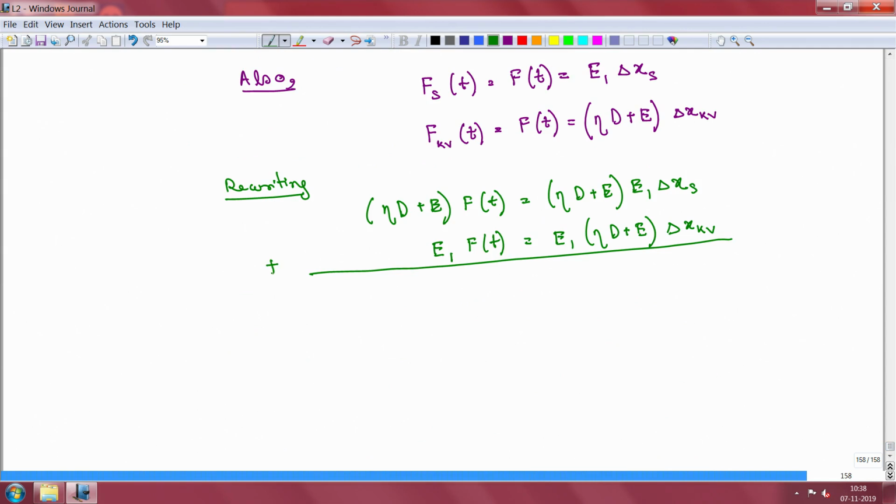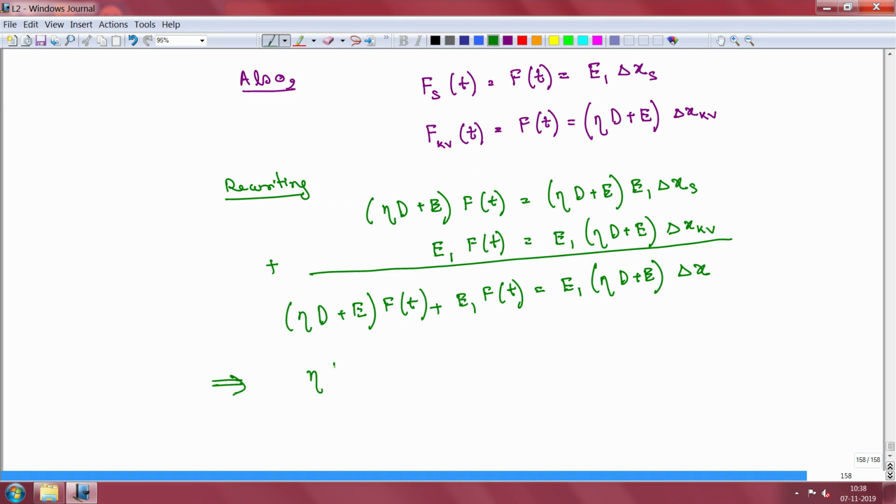You just add, and what you end up with is eta d plus E times f t plus E1 f t, and when you add these two together, the delta x s and delta x k v have the same constants. So, that just comes outside, delta x.